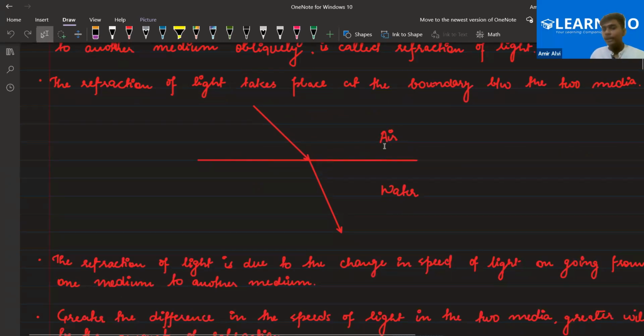The speed of light is different in air. Will the speed of light be different in water, or will it be the same? Different, right? So that's why the bending of light will occur. Right, everyone? The refraction will occur due to the change in speed of light when the light rays go from one medium to another medium. Okay?